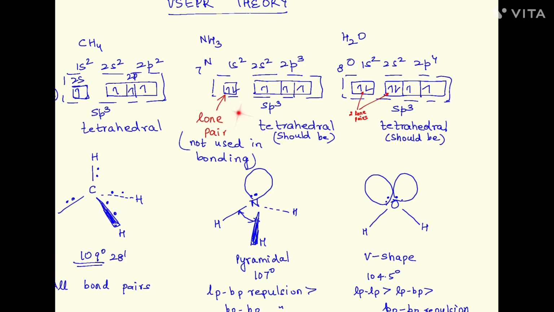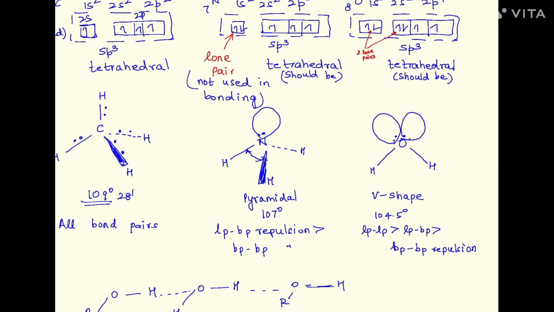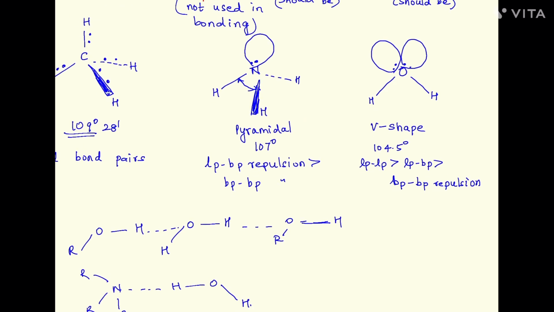You talk about ammonia, there's a lone pair of electrons. A lone pair of electrons is very possessive about its nucleus, so it repels the bond pairs. The bond pairs do repel each other, but not to such a great extent as the lone pairs repel the bond pairs. So we say over here, the lone pair bond pair repulsion in the case of ammonia is greater than bond pair repulsion, not just in the case of ammonia, but any compound having a lone pair of electrons.